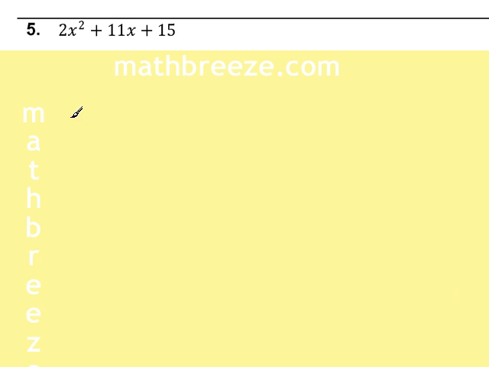All right, number 5, I'm just going to put in my parentheses. First times first is 2x squared, so the only way of breaking that up would be 2x and x. Everything is positive. Okay, now 15, we can factor that as 15 times 1 or 5 times 3. I think if we filled in with 15 times 1, our middle term would get too big, bigger than 11x. So I'm going to go with 5 times 3.